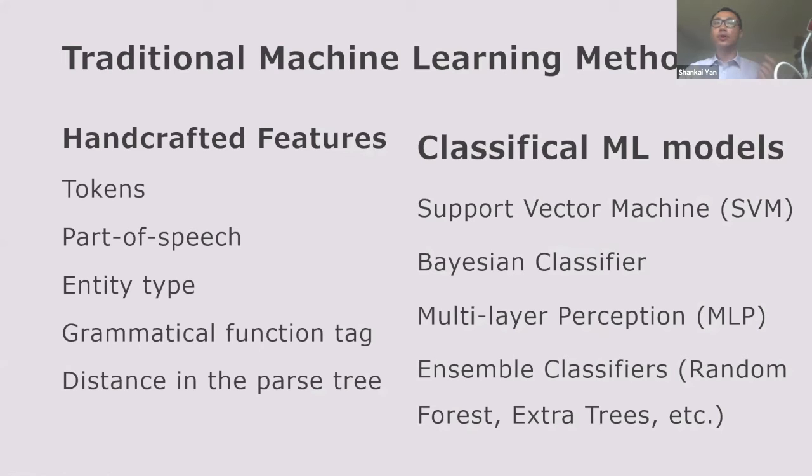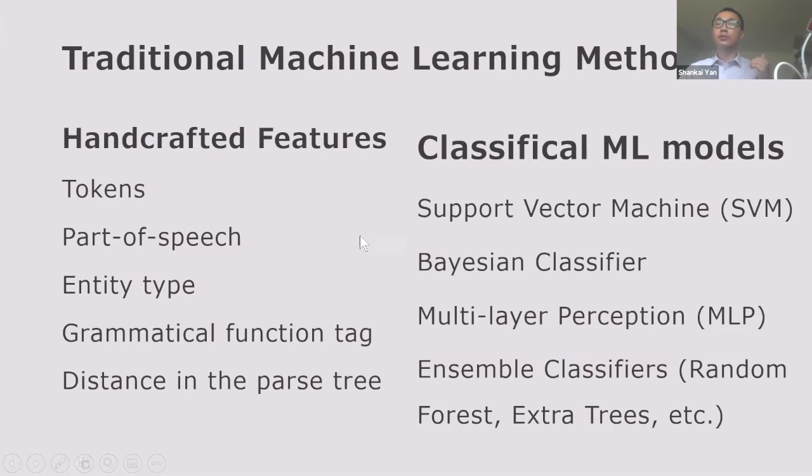So here are some points for the traditional machine learning methods and the deep learning methods. In traditional machine learning methods, we will use handcrafted features like the basic tasks I talked about in the second slide, like the tokens, the part of speech, the entity type, and other grammatical function tags, and also the distance in the dependency parsing tree, and use these kinds of features to construct your feature matrix.